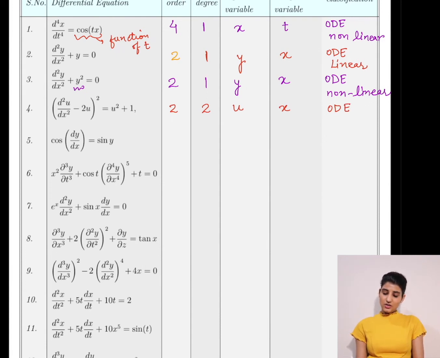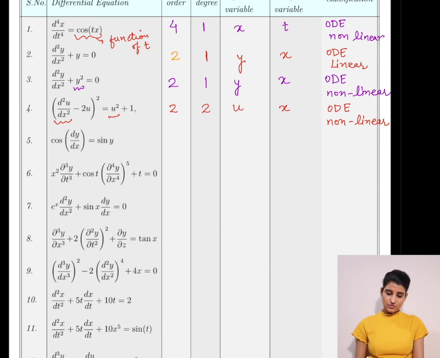And this is non-linear because the power of the dependent variable is also 2 and this highest derivative power is also 2. So if the degree is more than 1, it can't be linear, so it's non-linear.